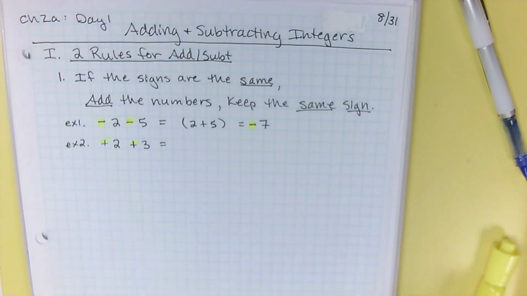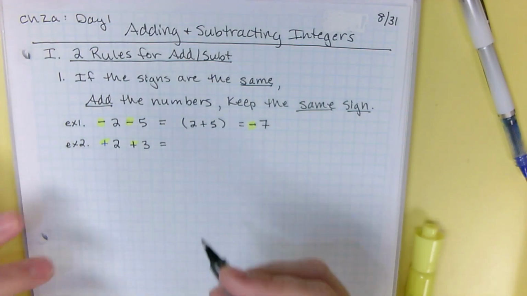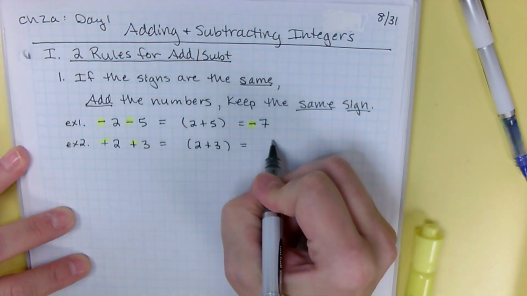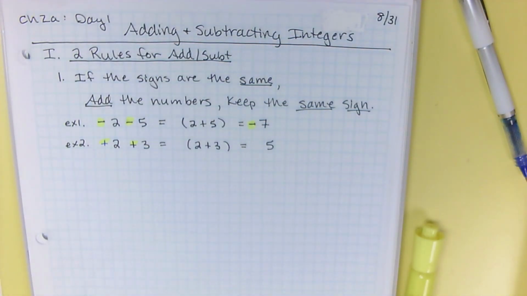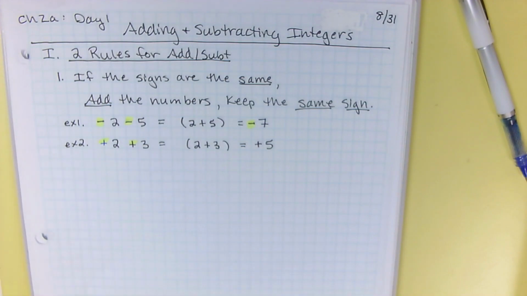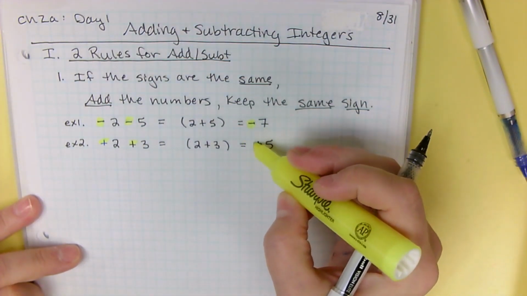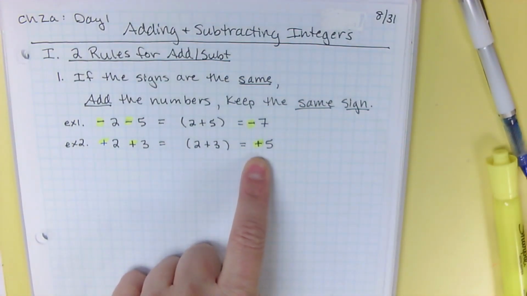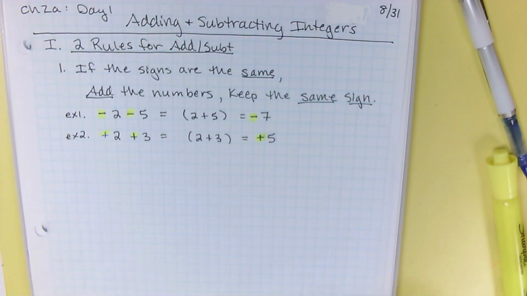You add the numbers, 2 plus 3 is 5, and since they're both positive, you keep the same sign. Your number is positive. I know that a number is positive whether there's a plus or not, but because we're learning the rules, for right now I encourage you to put the plus in. You can drop it later, but for right now, that's good practice.